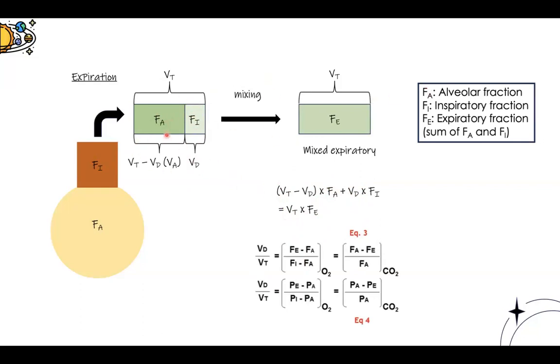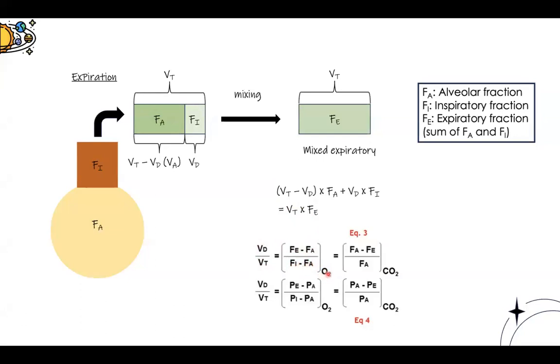If we multiply VT minus VD by this, and then multiply VD by FI, this is the sum, so FE times VT. Now if you rearrange this equation, you get VD over VT. For oxygen in particular, you subtract the alveolar fraction from the expiratory fraction, then divide that by the inspiratory fraction minus the alveolar fraction.